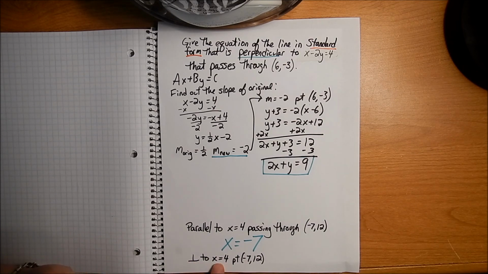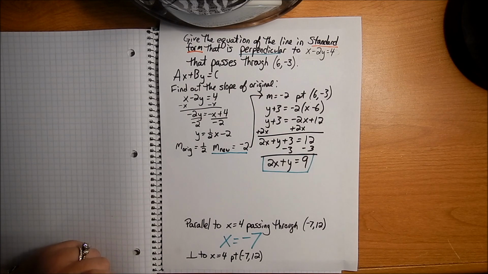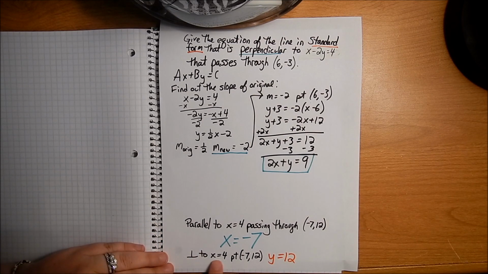So, I know x equals 4 is a vertical line, so I need a horizontal line that goes through this. What's the equation of any horizontal line? It's always, let's do orange, y equals whatever the y value is. So if I had asked you perpendicular to that, through that same point, it would be y equals 12.